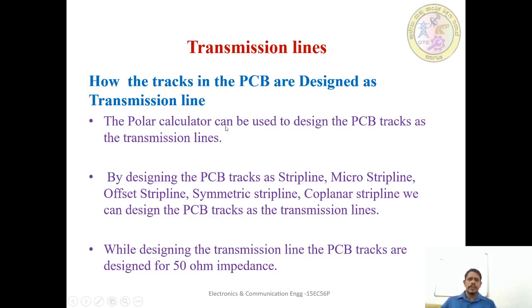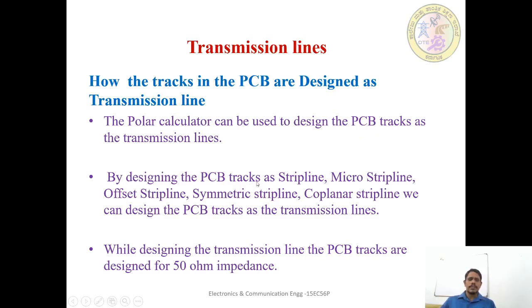The Polar calculator can be used to design the PCB tracks as transmission lines. It is very user-friendly software. Nowadays, many other calculators are available on the internet to calculate the impedances of the transmission line or the impedances of the PCB tracks.